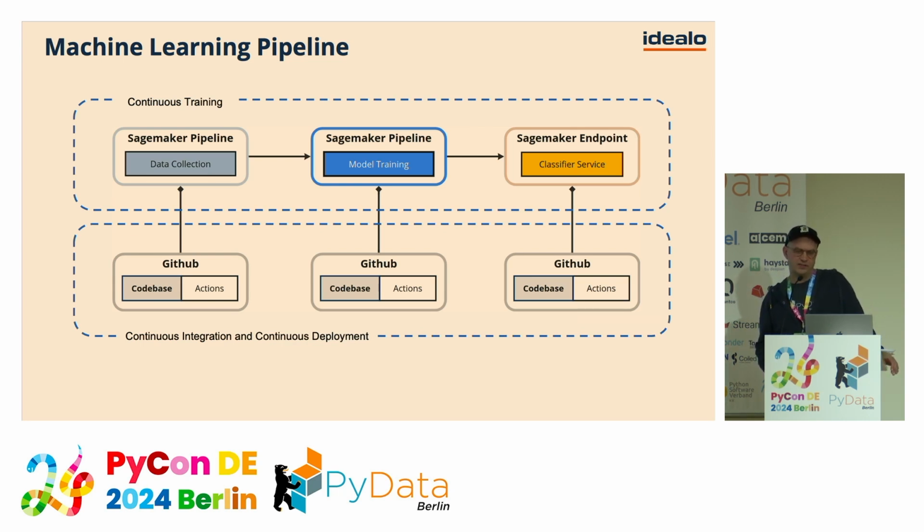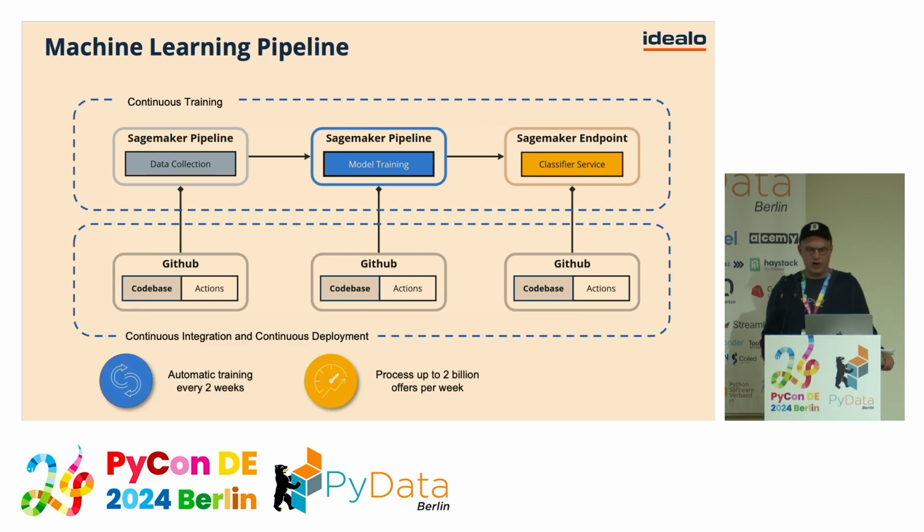These separate code bases allow us great flexibility and also good development speed. By the way, we use Renovate to update our third-party libraries, and we even allow Renovate to deploy our components continuously. Some more aspects: our training pipeline is triggered every 2 weeks.